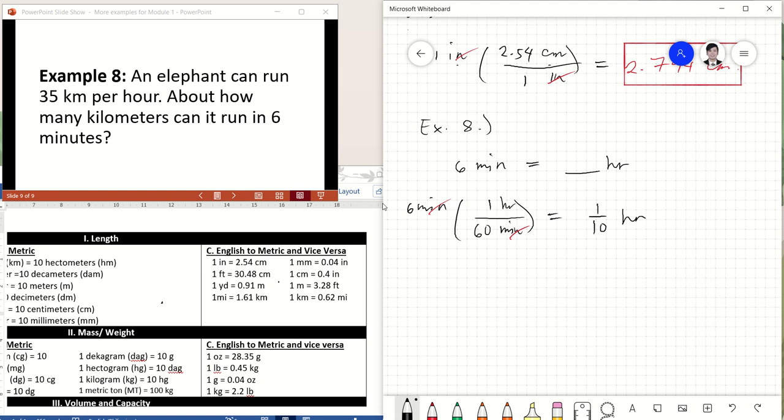So afterwards, to get the distance that the elephant can cover in 1 over 10 hour, multiply it with 35 kilometers per hour. Hour will be cancelled out. 35 divided by 10 is 3.5. So this is the answer.